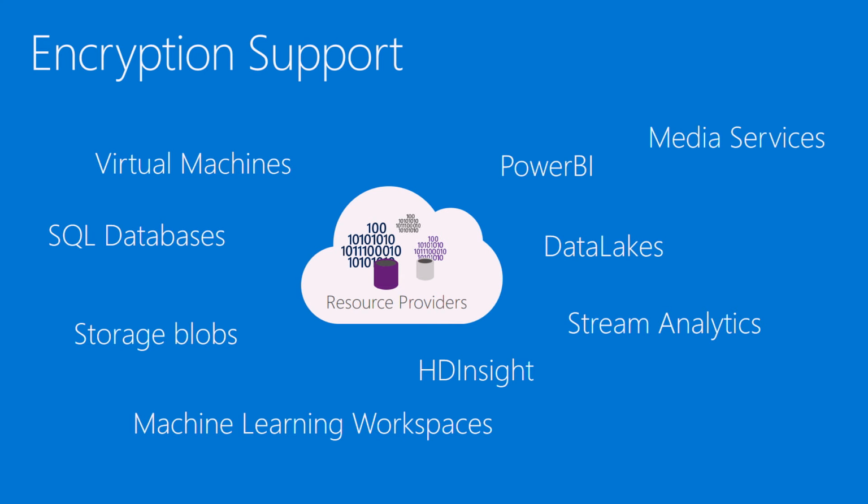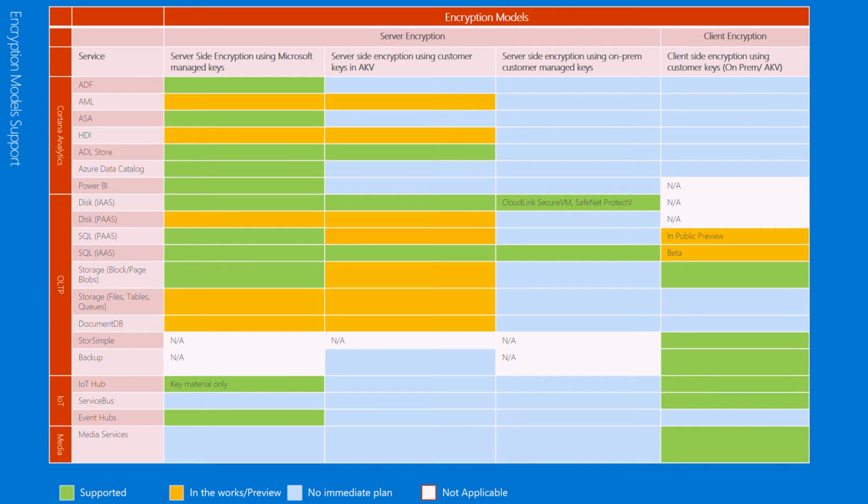What I want to show you now is one of the more detailed slides. It's kind of an eye chart, but it gives you the view of all of the services that we have today in Azure that support encryption and how they map to the various implementation models. We try to break it down into different high-level buckets. What we call Cortana analytics services include services such as machine learning, stream analytics, data lake stores, and so forth.